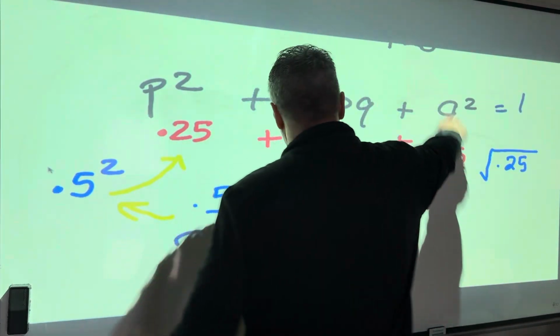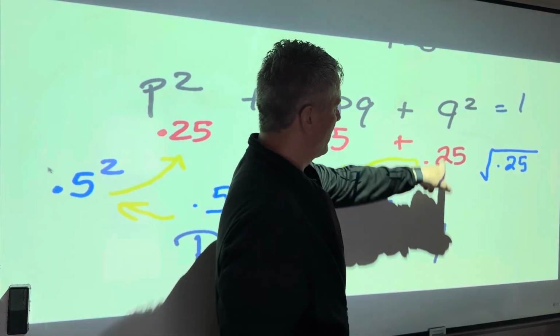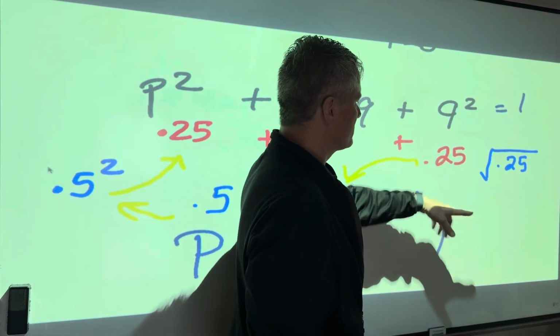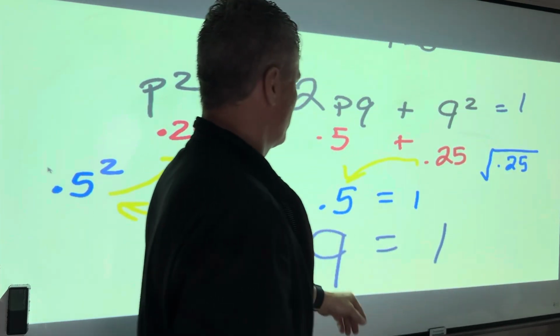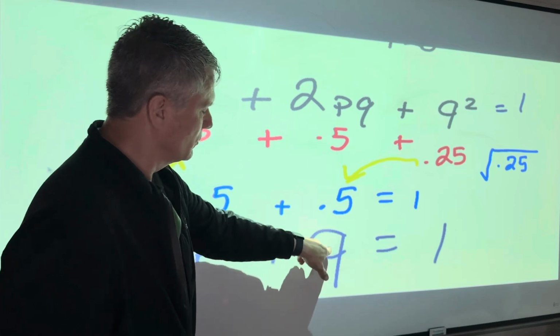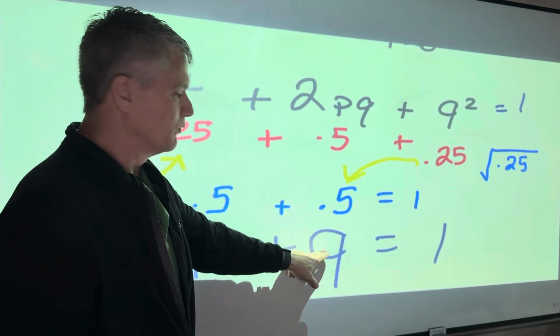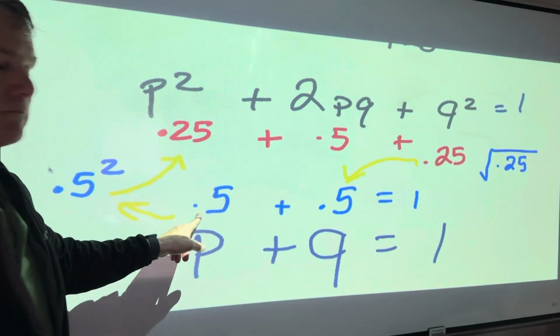Now remember, we're going clockwise. Q squared is 0.25, so we take the square root, and that gives us 0.5. Now we know Q is 0.5. Remember the rule: what do you have to add to 0.5 to equal 1? Well, 0.5.